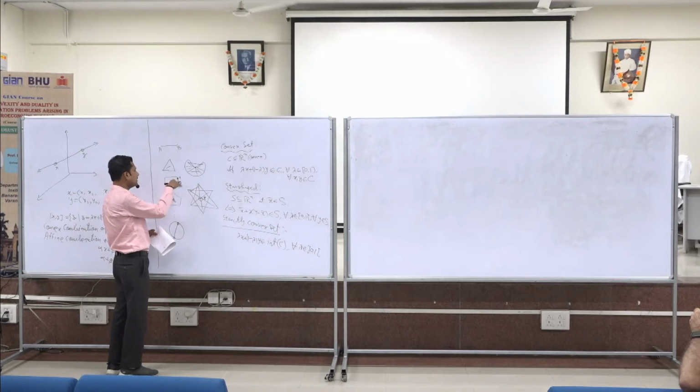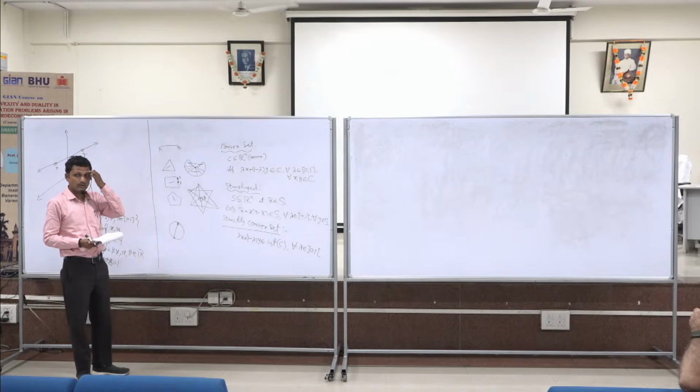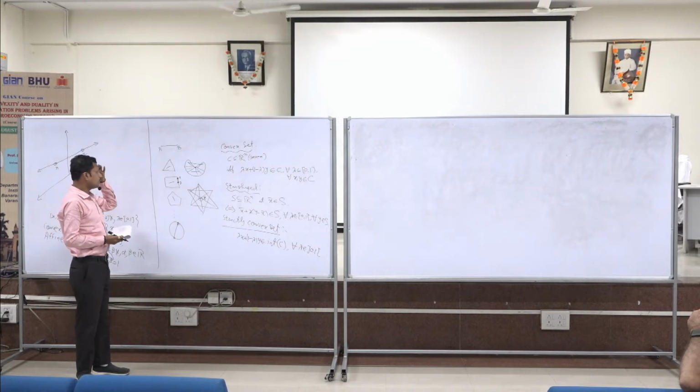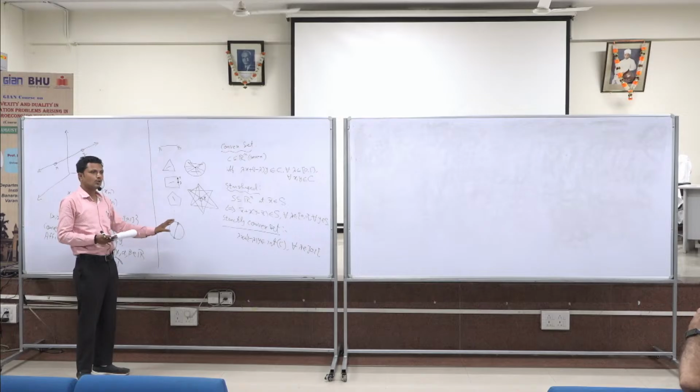So this set is convex, but it is not strictly convex. So strictly convex sets are, you may consider, a subset of the convex sets.